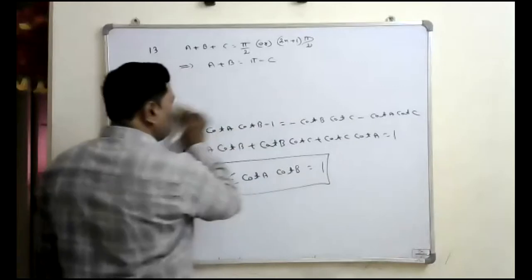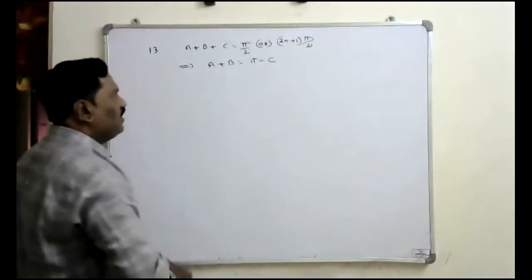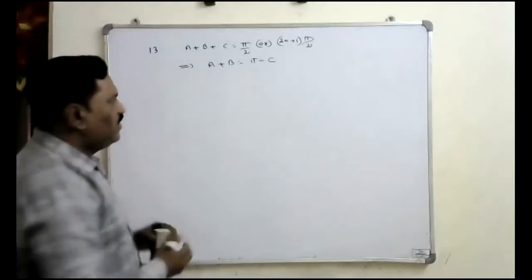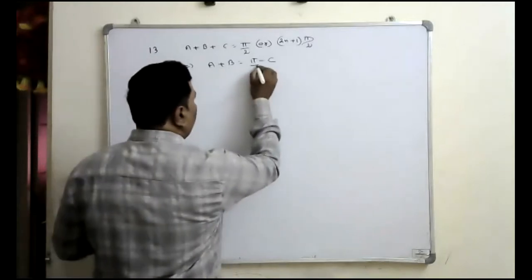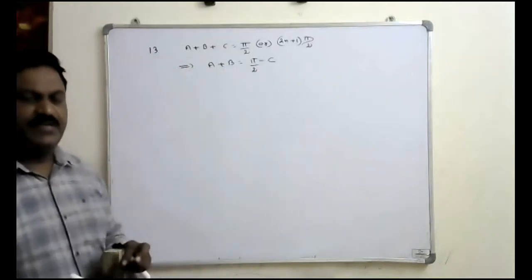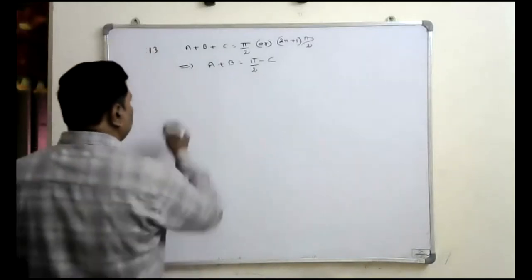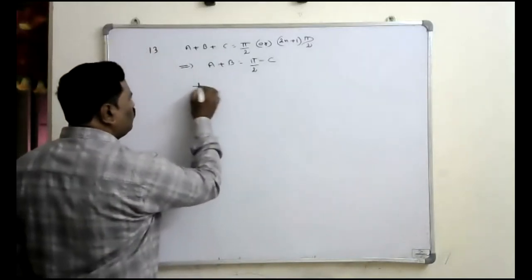So here also we will go ahead with the same procedure. Here it is given that A plus B plus C is pi by 2. Then A plus B you can write as pi by 2 minus C. If you want to get the result in terms of tan, apply tan on both sides.